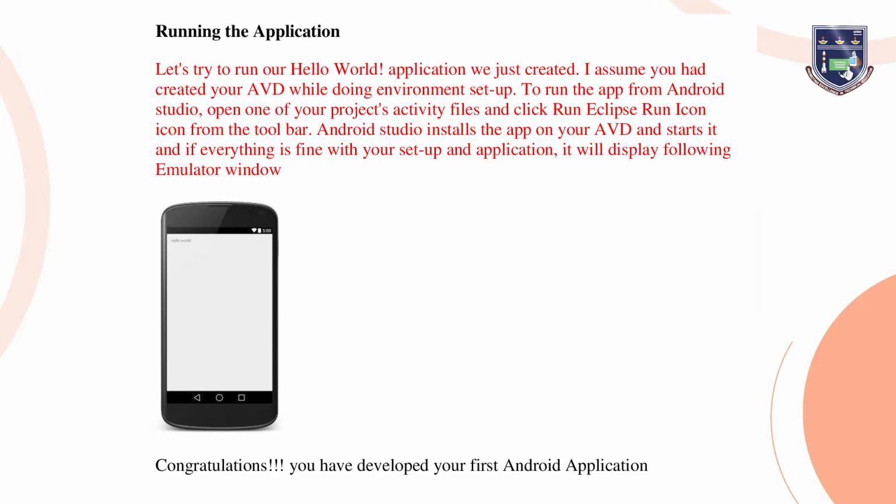Android Studio installs the application on your AVD and starts it, and if everything is fine with your setup and application, it will display the following emulator window. Finally, you have created your own Android application. Congratulations, you have developed your first Android application.